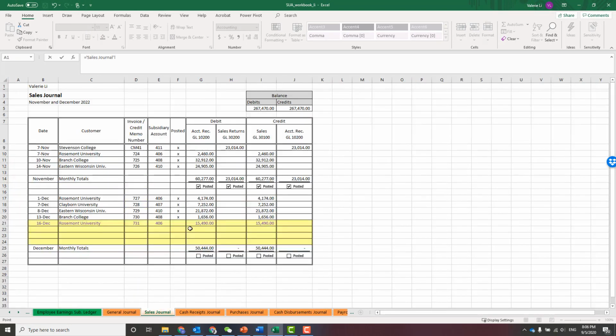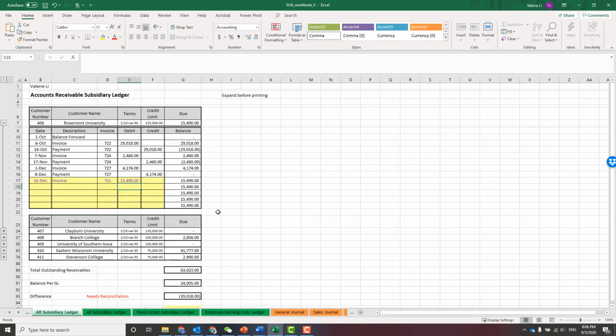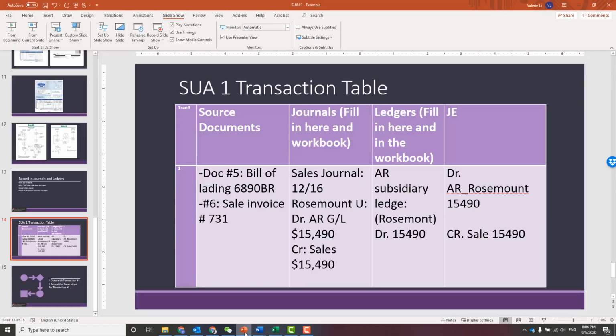If I made a mistake, I can just change it. So equal to this debit, same thing. It automatically gives you the balance. So then we are done with the accounting entries for this transaction. Okay, let's go back to the slides here.